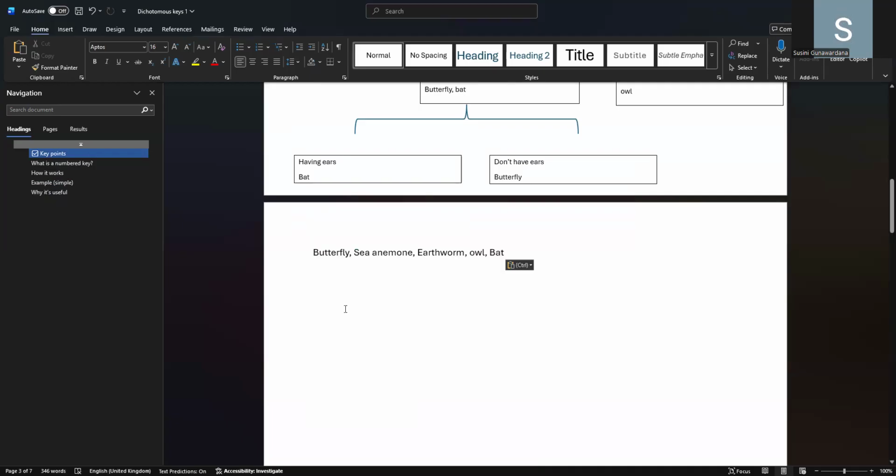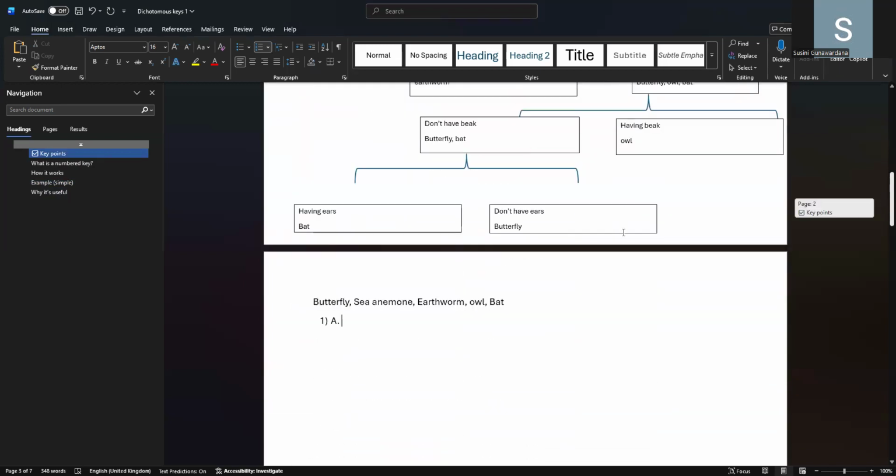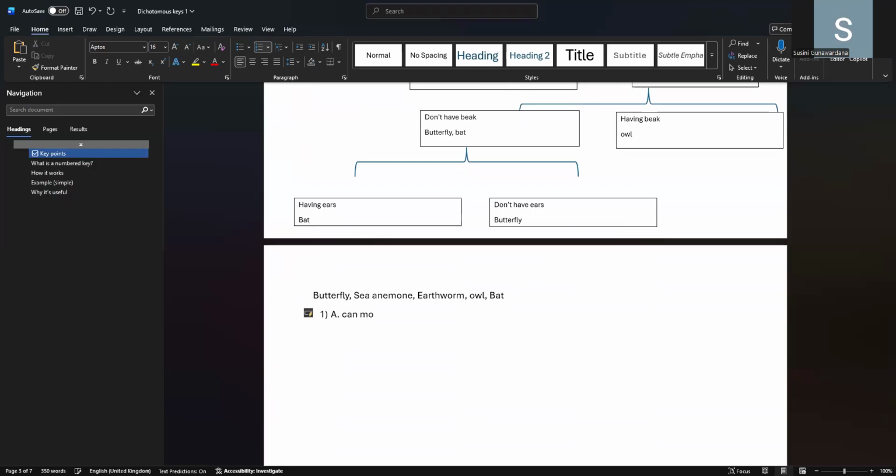Okay. So in here I will put 1 and put A. Under that I am writing the characteristic that we took at the very beginning. Here, can move, can't move. I am writing can move, and I'll put 2 here.